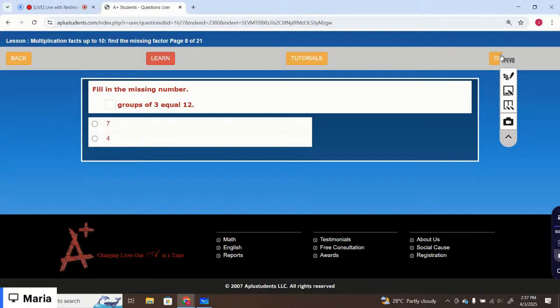That is 3 times 4 is 12. Option number 2 is the correct option.